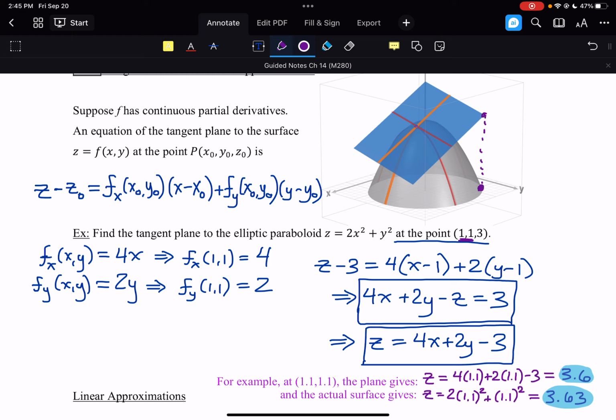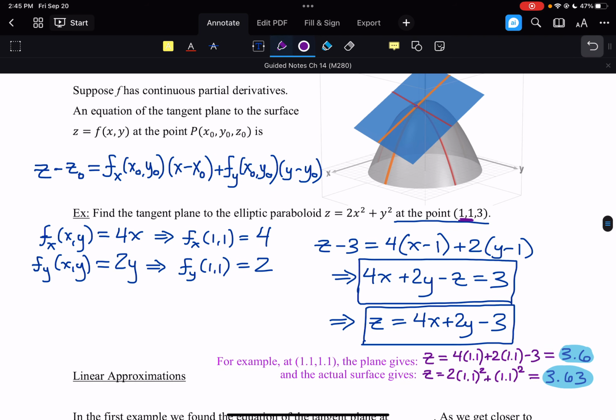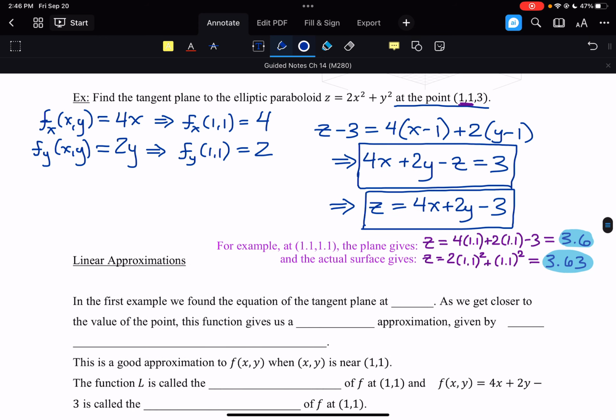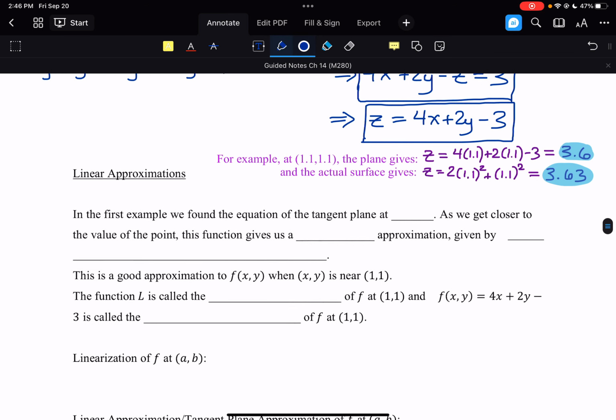We're going to be really far away from the value. But as long as we stay close enough to that point where we're starting, we can get very good approximations using tangent planes and much more simply than we could on the actual surface. So this is kind of explained in this next section right here.